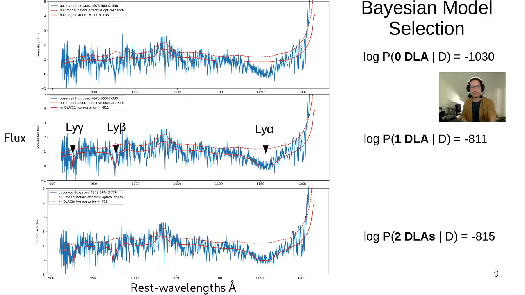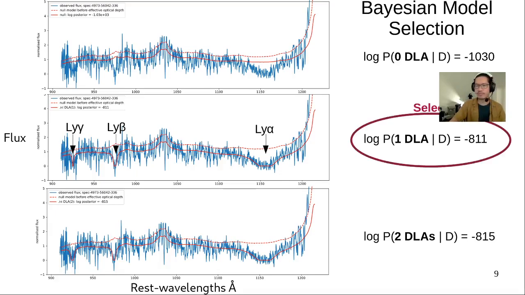This one is in the middle panel, and the log probability is negative 811, and so on and so forth. We can calculate 2 DLAs in the modeling window and 3 DLAs in the modeling window. And finally, we need to select the one with the highest probability.